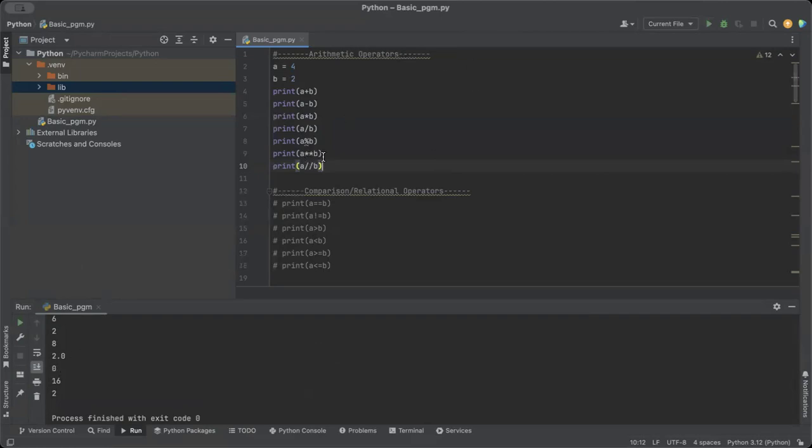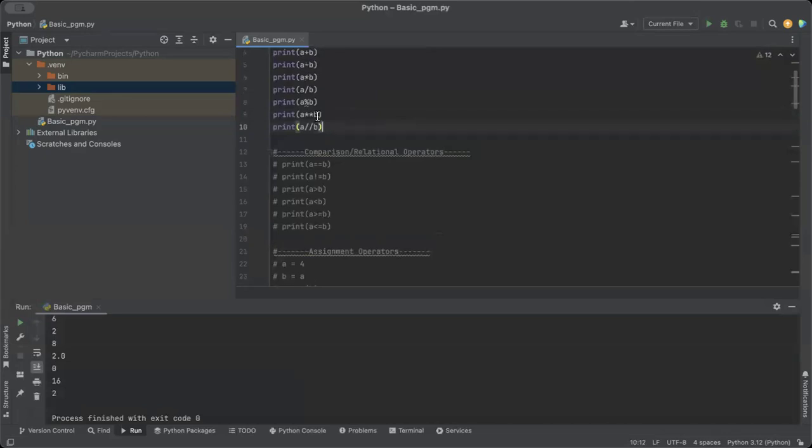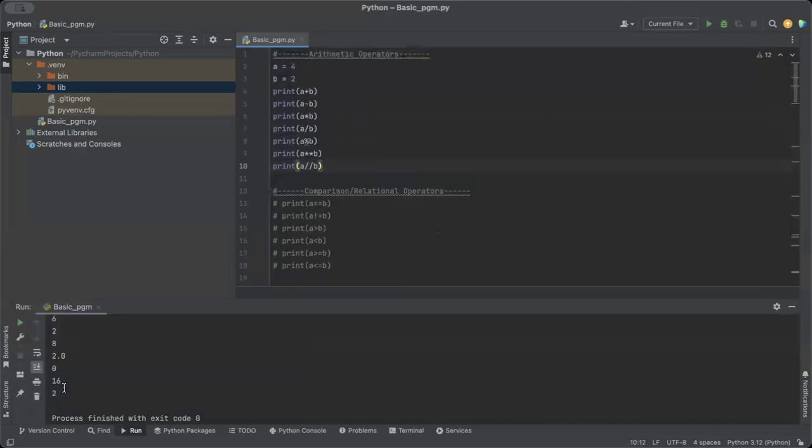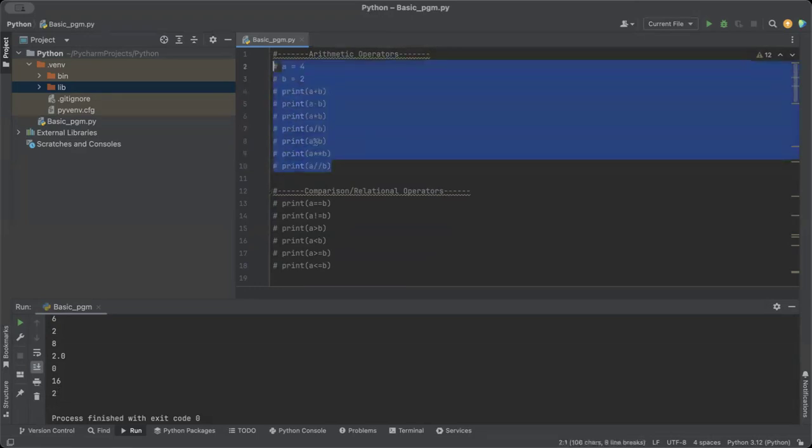So a power of b, 4 power 2, 4 4s are 16. Floor division, 4 divided by 2 without the decimal value, that is the output of floor division. So these are arithmetic operators.